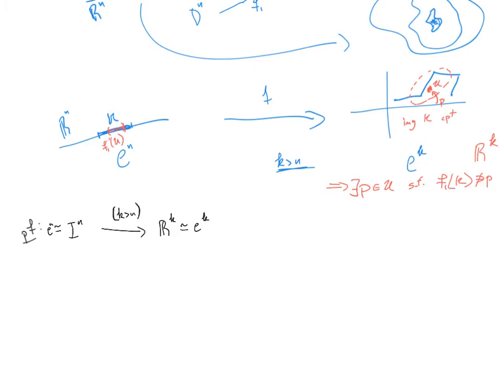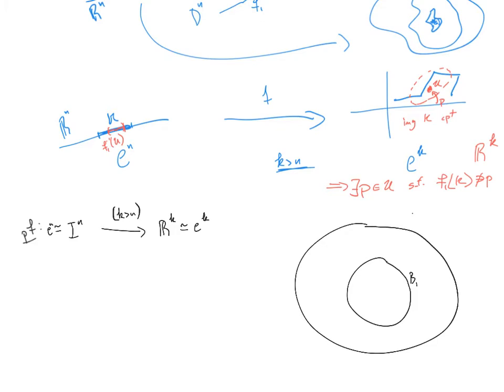Okay, what we're going to do is over here in R^K, we take two open balls, or two closed balls. Here's B1, and here's B2. And we can honestly just take these to be the radius 1 and the radius 2 closed balls at the origin in R^K.